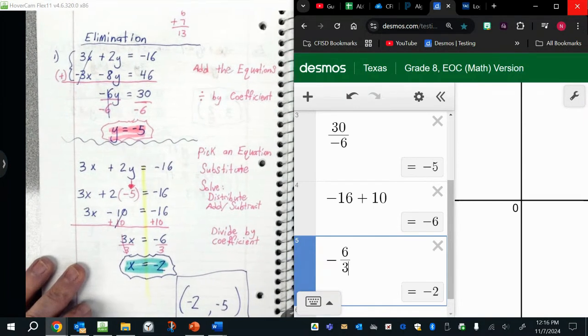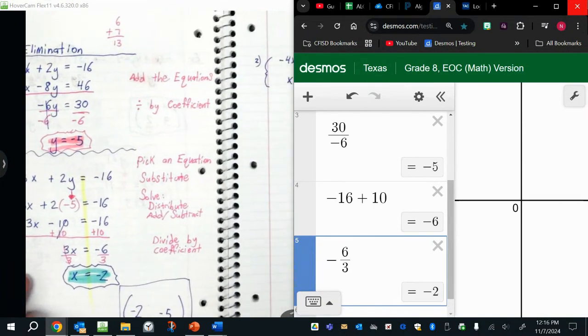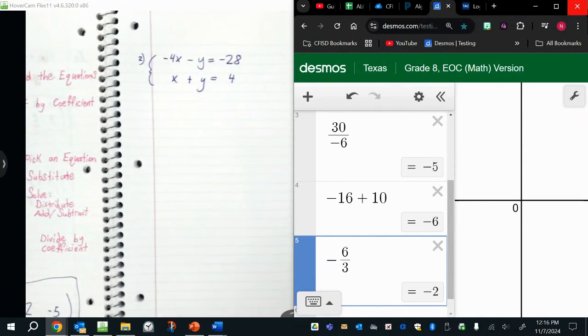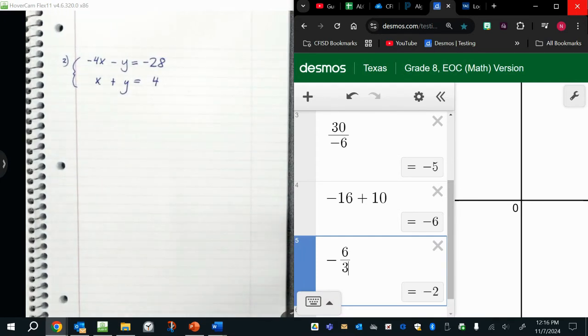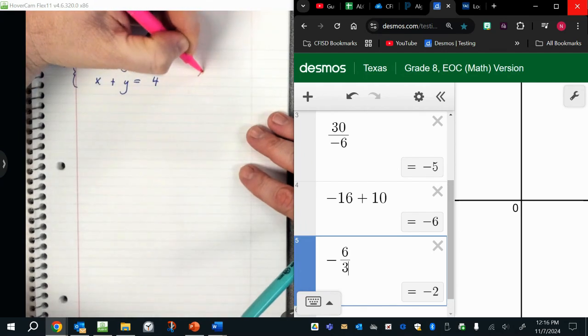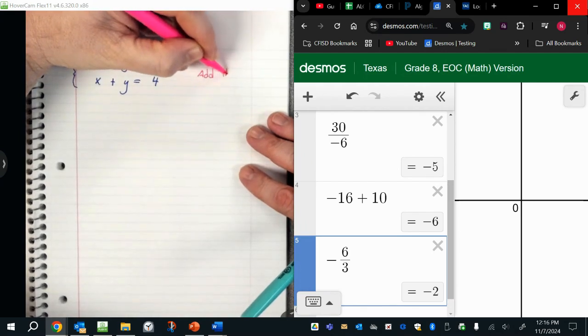All right, let's look at another example. Same thing. Add the equations.